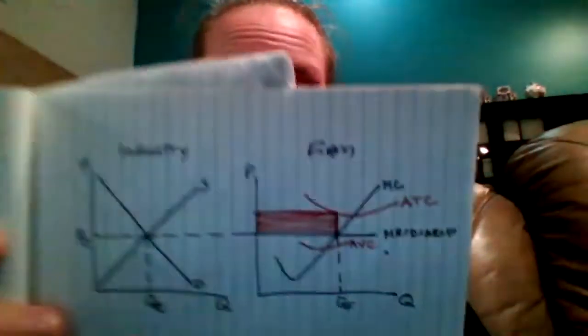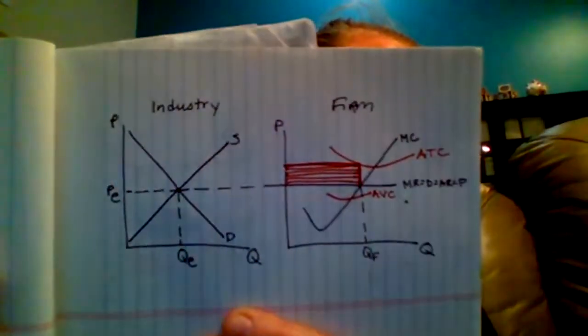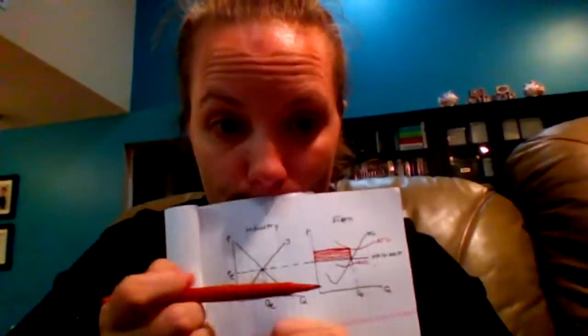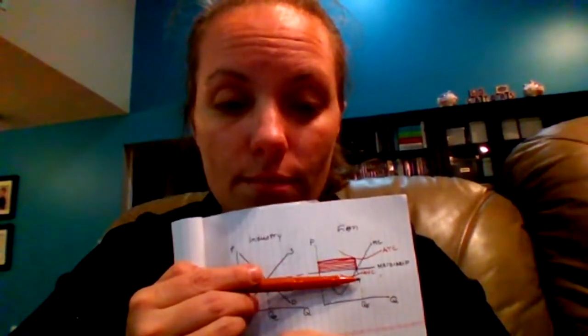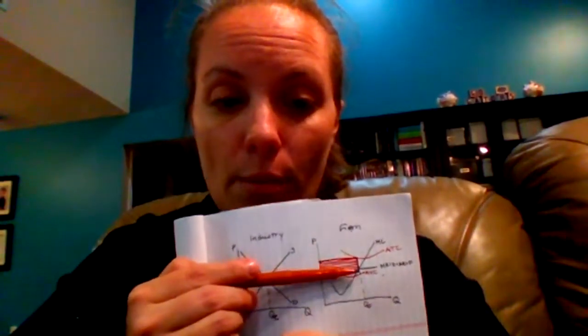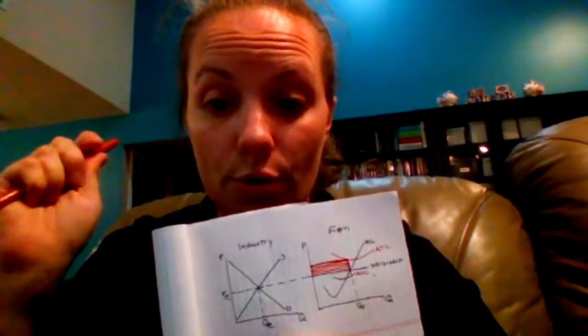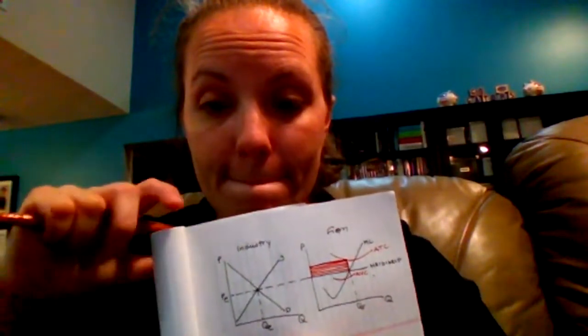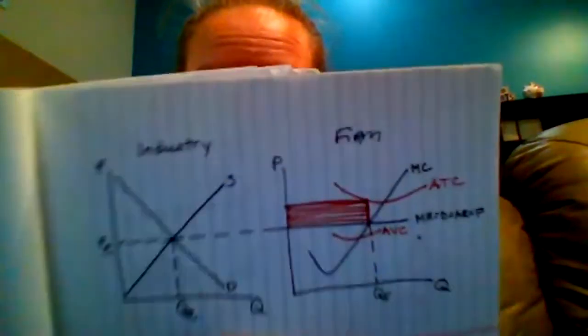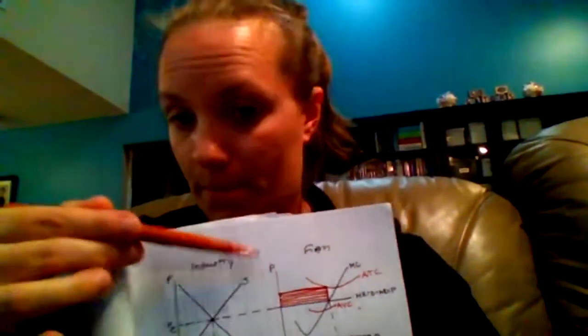So that's a side-by-side graph with an economic loss. If I were graphing a profit, this curve right here would drop down here, and this shaded box would be from my price down to my cost curve. Okay. So there's side-by-side graphs. Make sure we are masters of side-by-side graphs. Okay.